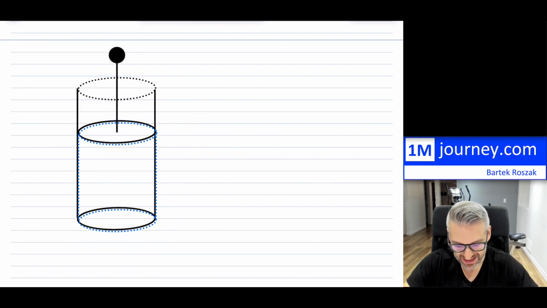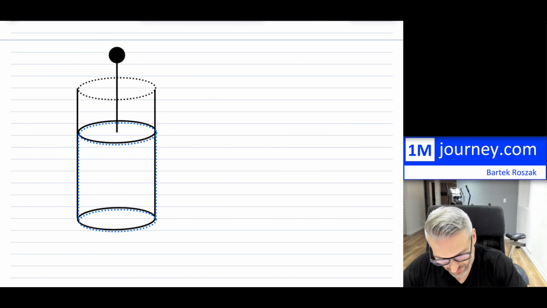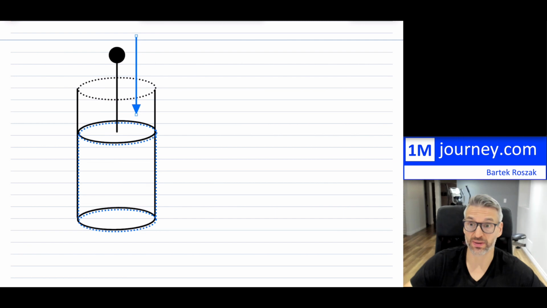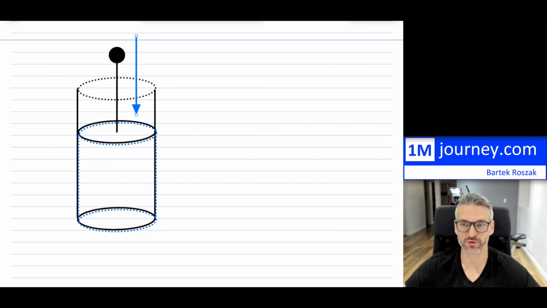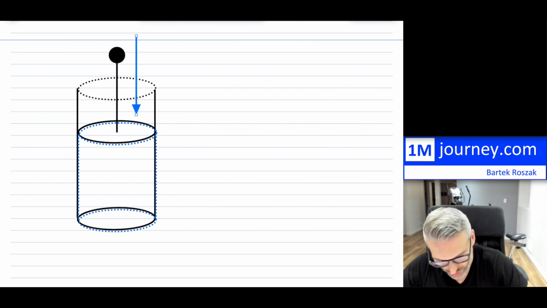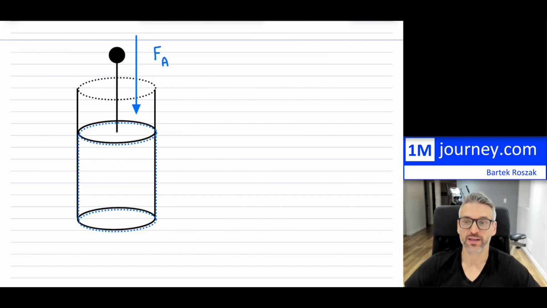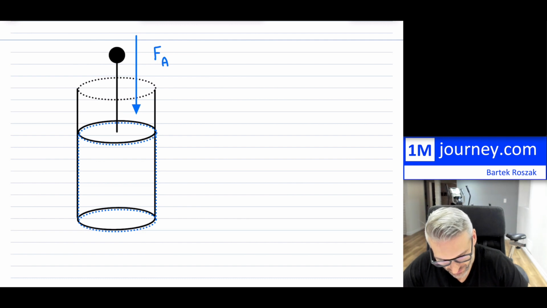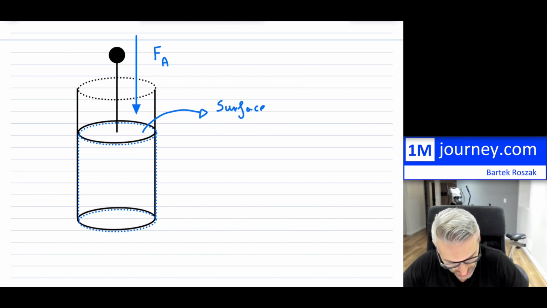What Pascal is saying is the following: if you press down on this, we typically call these pistons, you're going to apply a certain amount of force. Let's say this is the force applied. This force is going to be spread over this particular surface area, which is this lid.